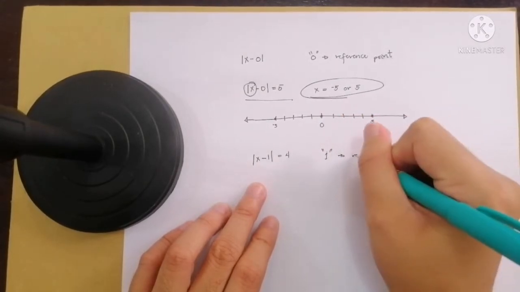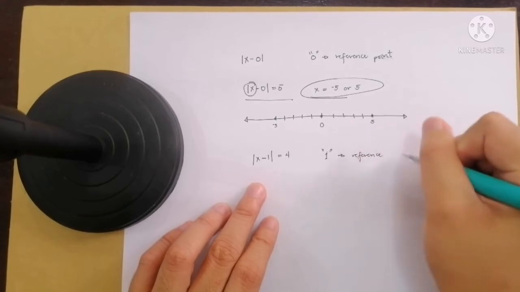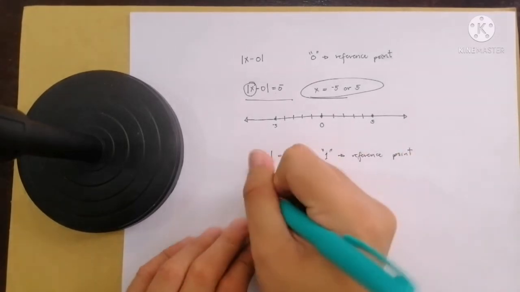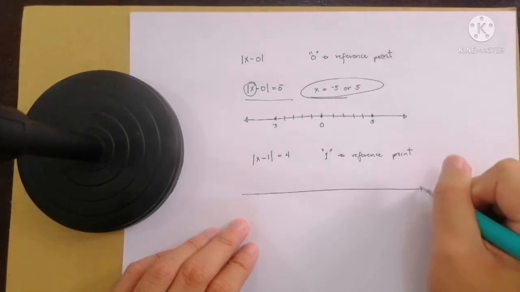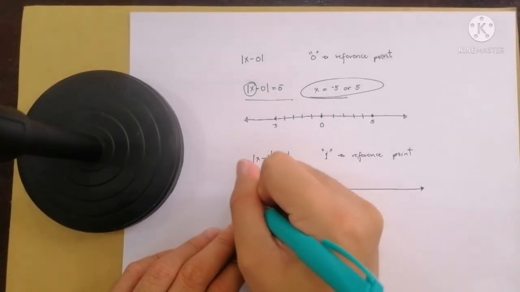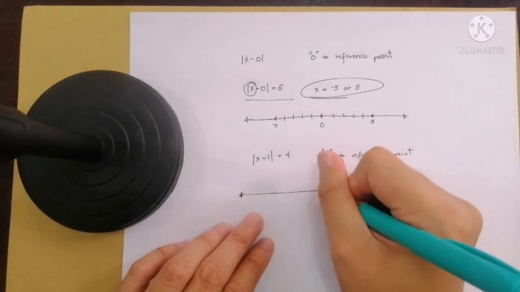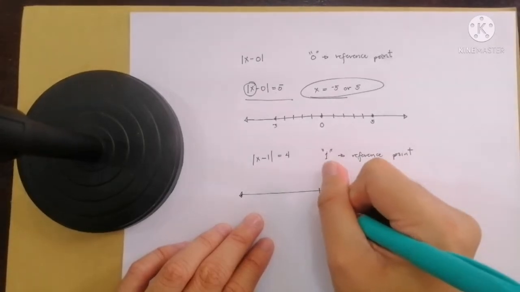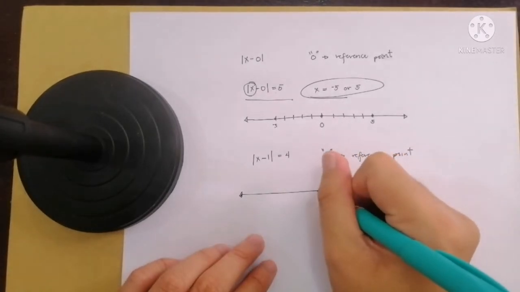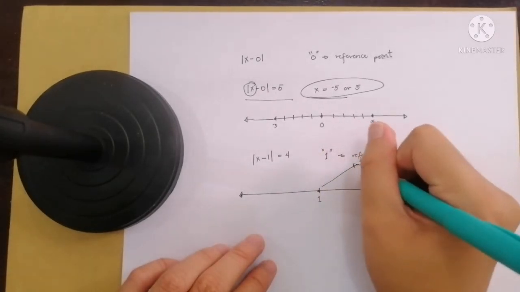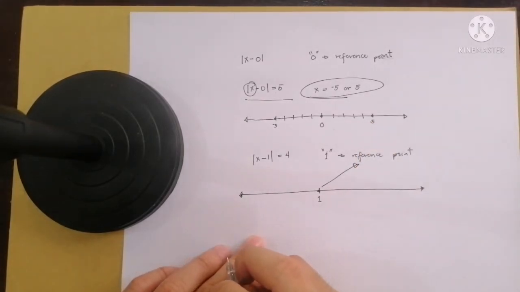This is the reference point. Now, we're going to draw the number line and locate 1. Let's say, for example, dito, si positive 1. Siya ang reference point natin.